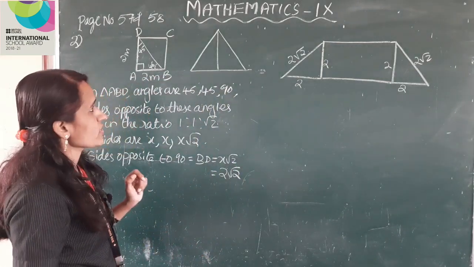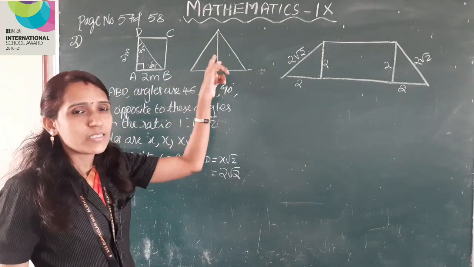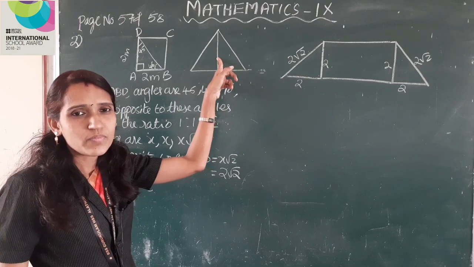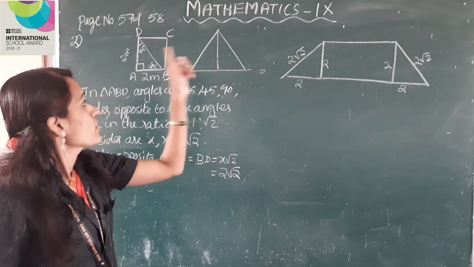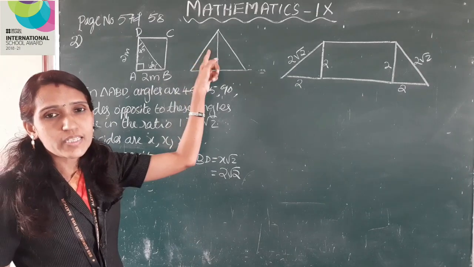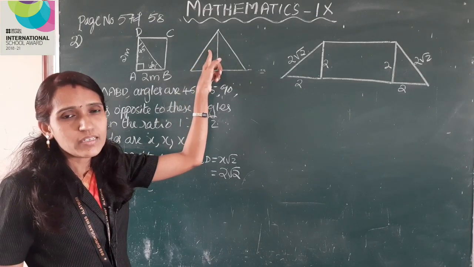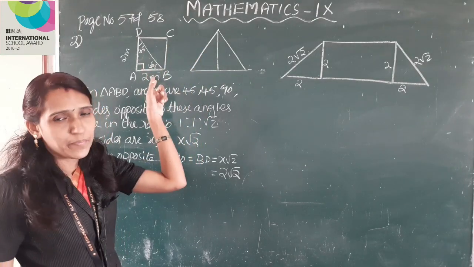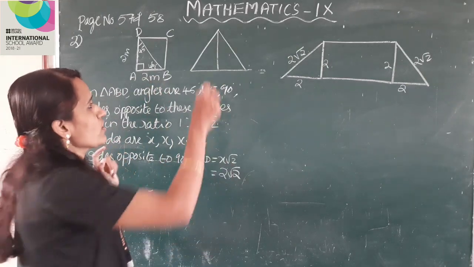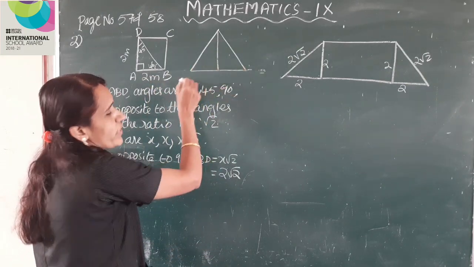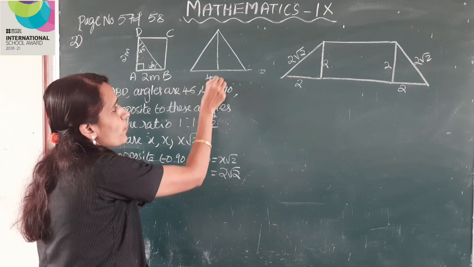Okay. Next, consider this equilateral triangle. Its one side is twice the side of a square. So, one side of an equilateral triangle is 4 meter.